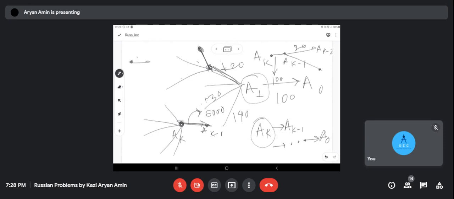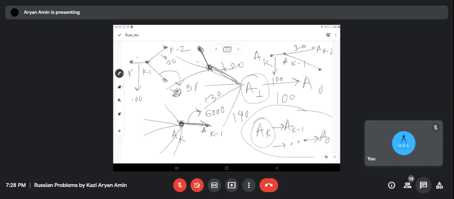Is there a chance that a_{k-1} has a neighbor with an edge weight greater than 20, let's say 50? Can it happen? What I'm trying to prove is that this path obtained must be the path of some person. If it wasn't, then you would have a situation of this form.